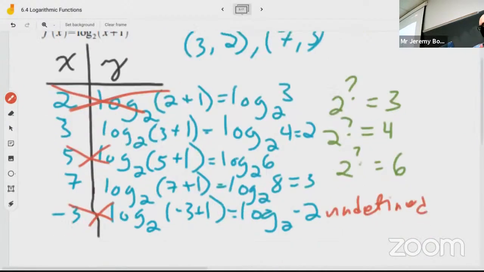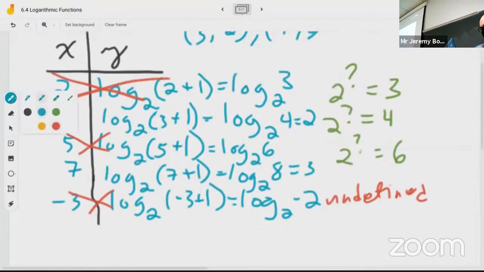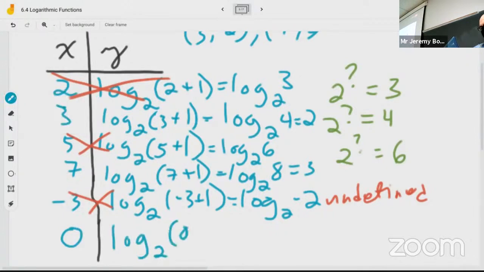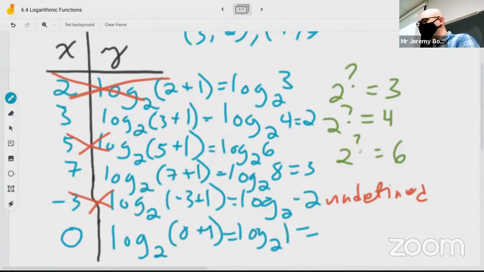But what if we make x 0? Then we do log base 2 of 0 plus 1. That's log base 2 of 1. What exponent do I need to apply to 2 to result in a 1?